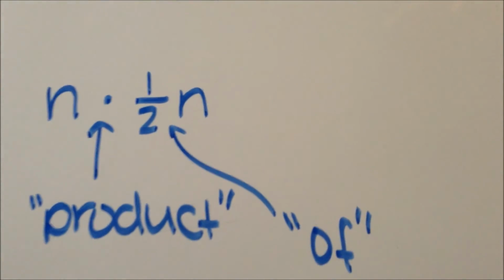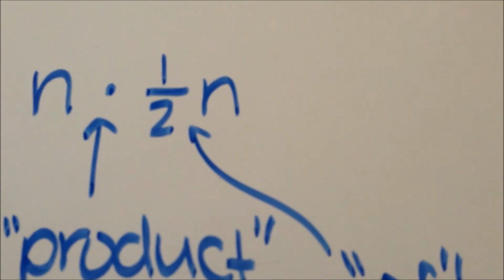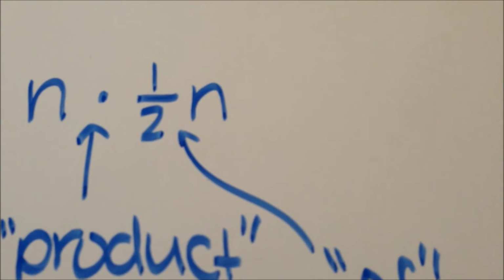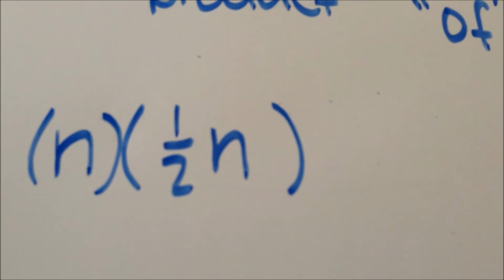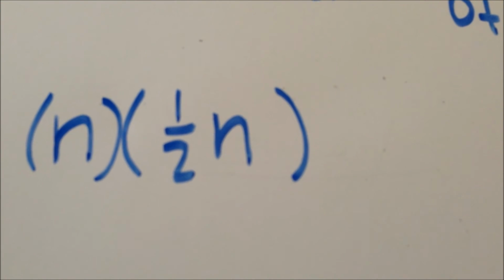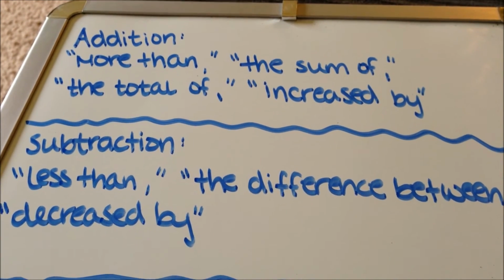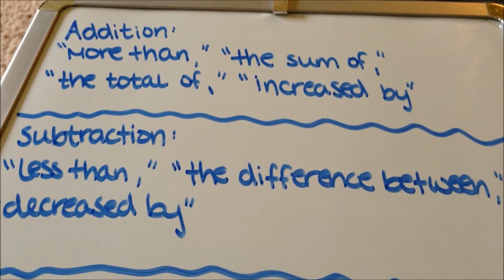So essentially what you're doing with that 1/2 n is multiplying. So it's really n times 1/2 times n. So n times 1/2 n. If you'd like, you could also write it with parentheses, which also denotes multiplication. N times 1/2 n.